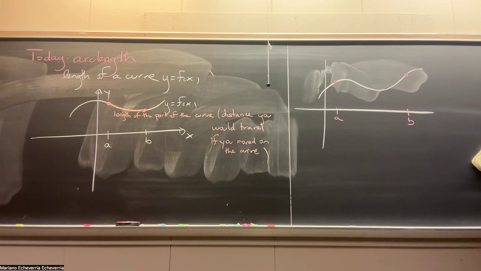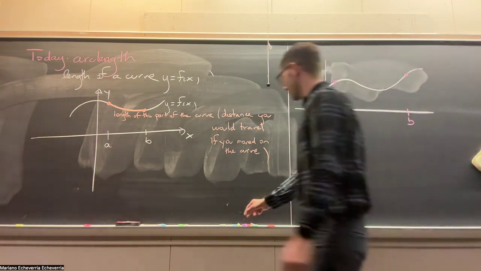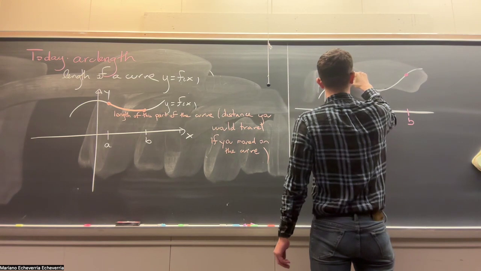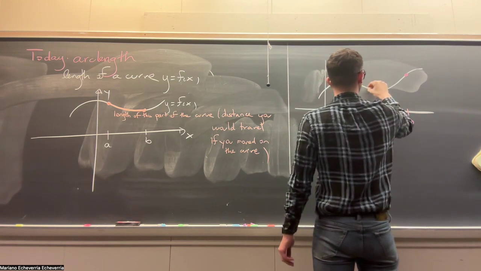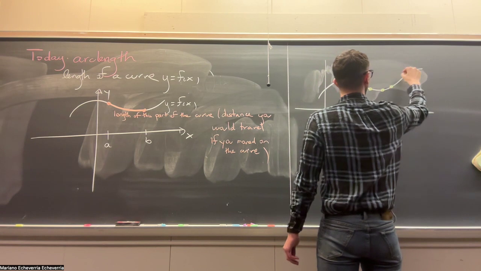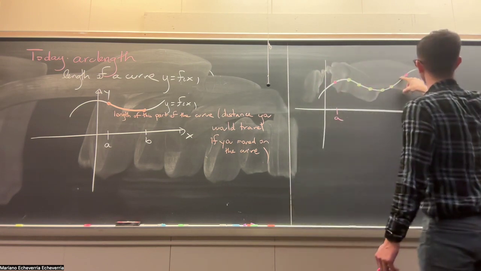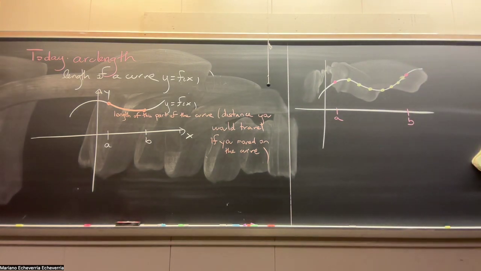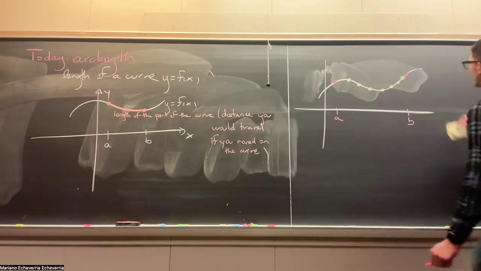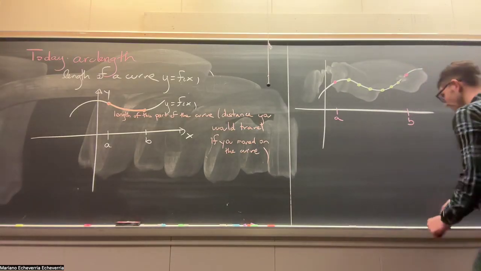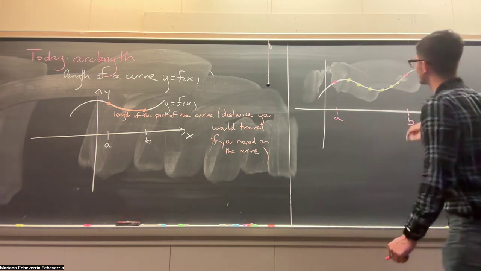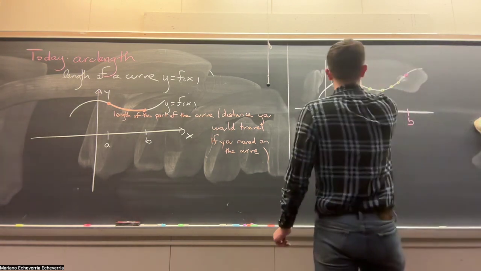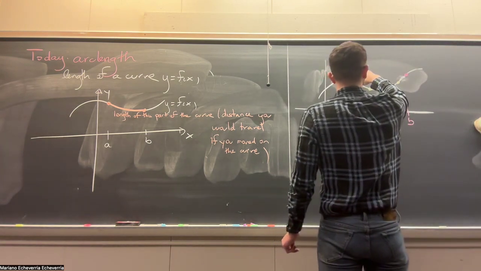What I'm going to do is introduce intermediate points on the curve. The idea is that I'm going to connect these points using line segments. So, for example, this one gets connected like this.